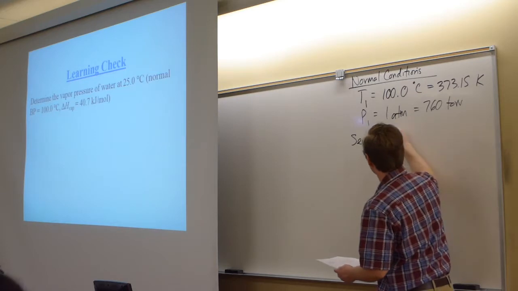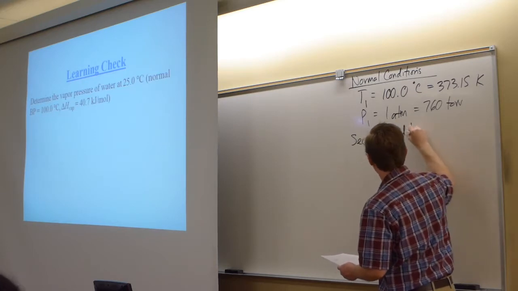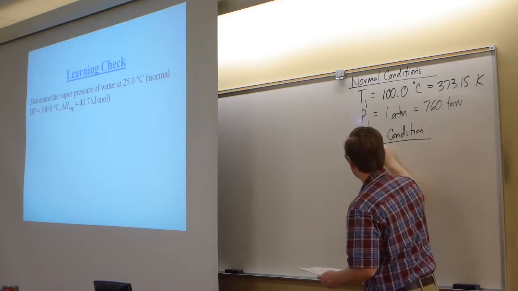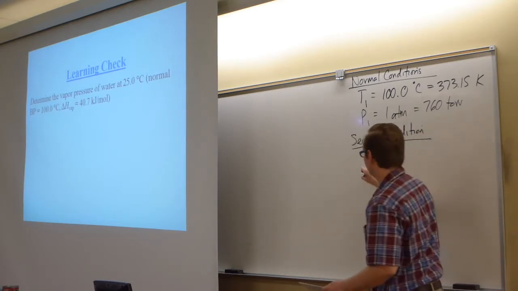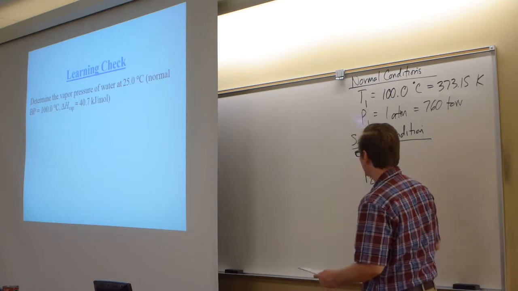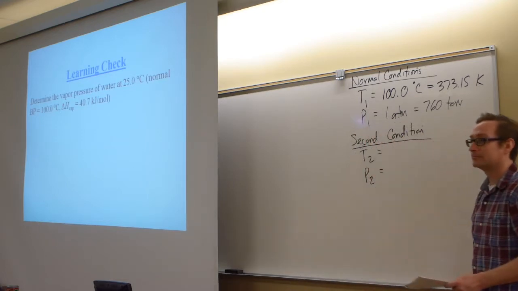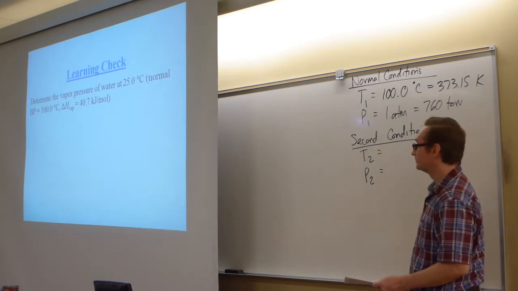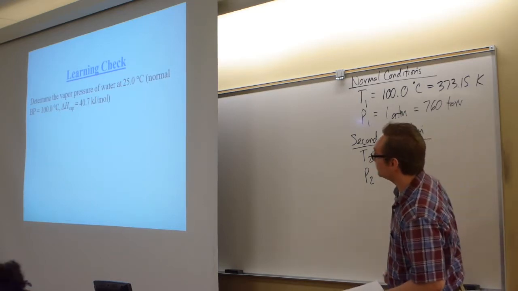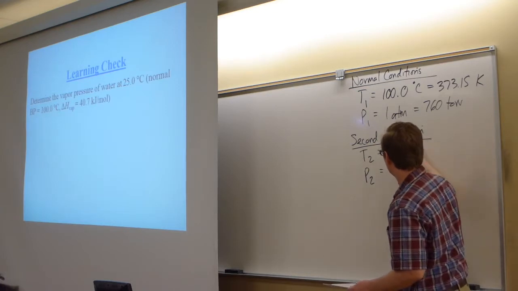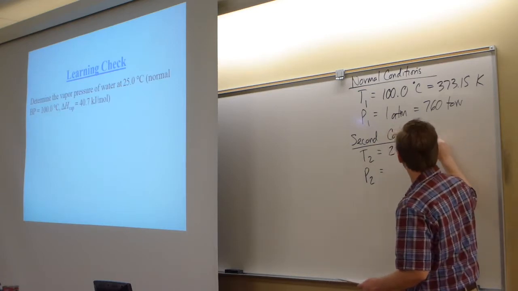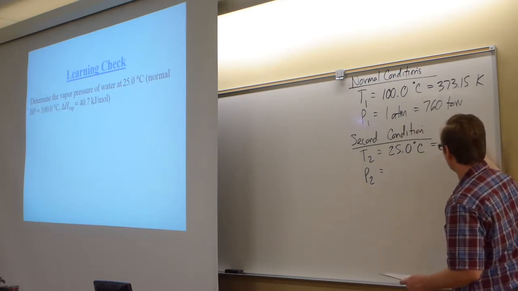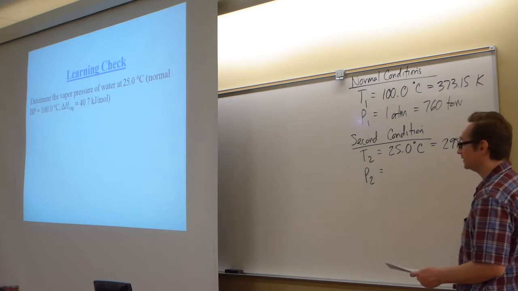So let's say the second condition now. We'll have our T2 and our P2. So what would be our T2? Yeah, it gives us 25 degrees. And that's the same as 298.15 Kelvin.